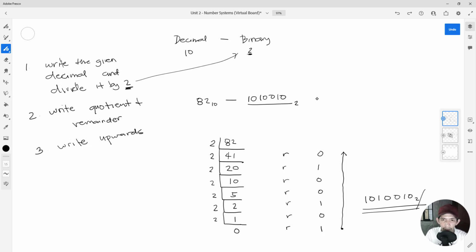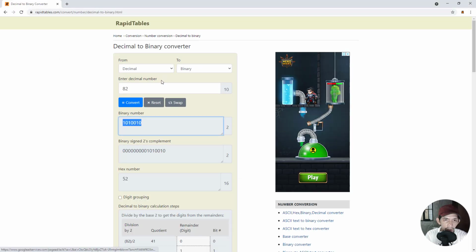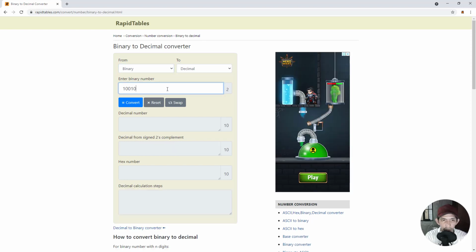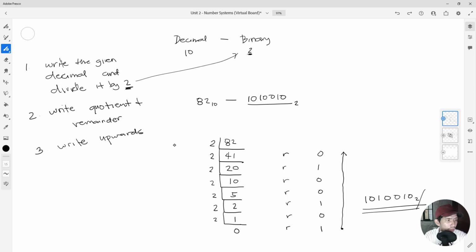Ayan, so tanggalin natin yan, mamalito kayo. So, 1, 0, 1, 0, 0, 1, 0. Okay? So, check natin yung ginawa natin kanina. Actually, I've checked it earlier. Okay, so binary to decimal. Our first example is 10010, then convert it, 18. Ito yung naging sagot natin. Alright, so that's how you do conversion from decimal to binary.